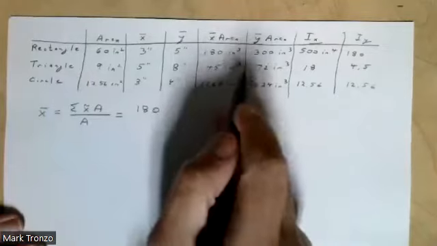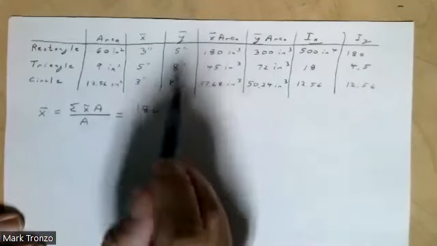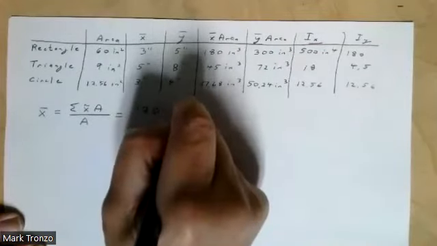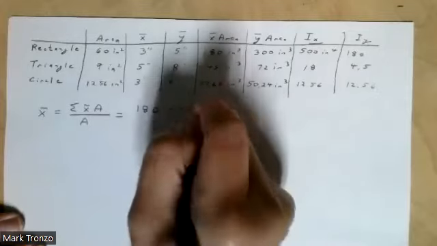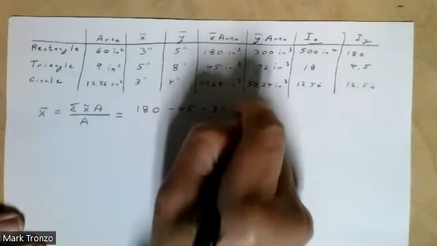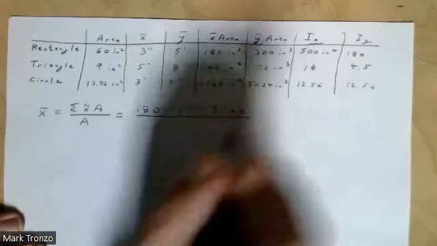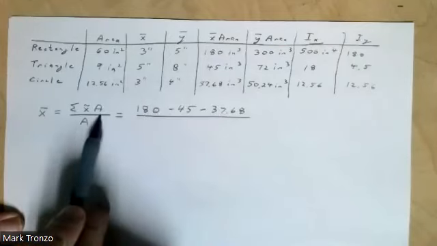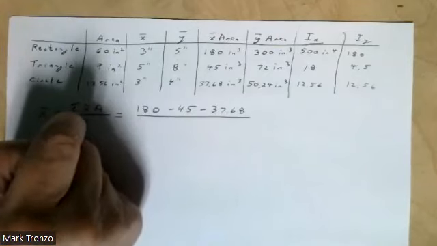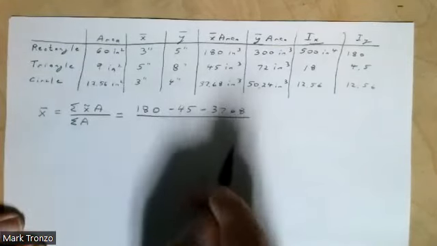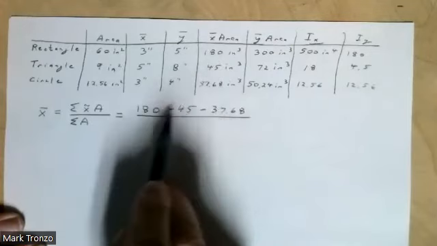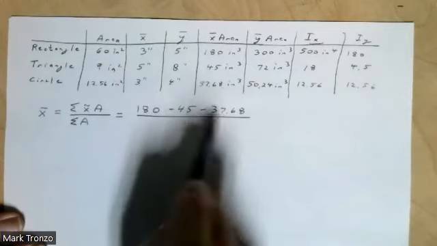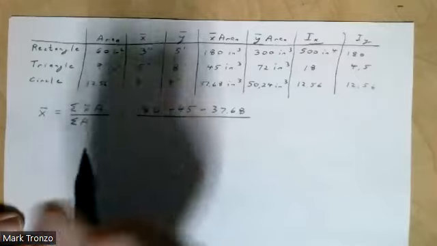So the triangle would be minus 45, and the circle will be minus 37.68. This is the X bar times the area, divided by the sum of the areas. We subtracted the triangle because it was taken out, we subtracted the circle, and then we add up the areas in the denominator.